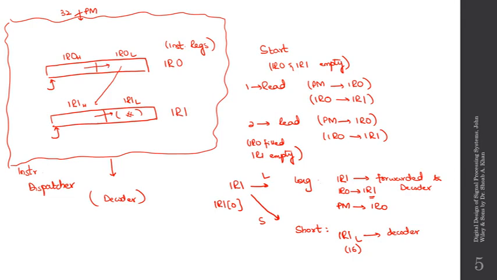Meaning, the higher bits of IR1 will be moved to the lower bits of IR1, the lower bits of IR0 will be moved to the higher bits of IR1, and similarly the higher bits of IR0 will be placed into the lower bits of IR0. The only place that will be empty right now will be the higher bits of IR0.